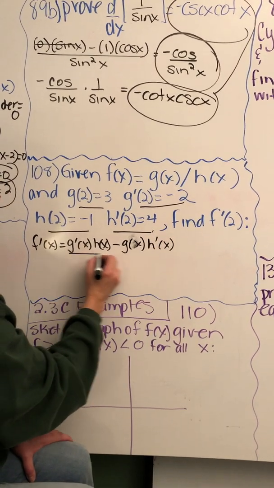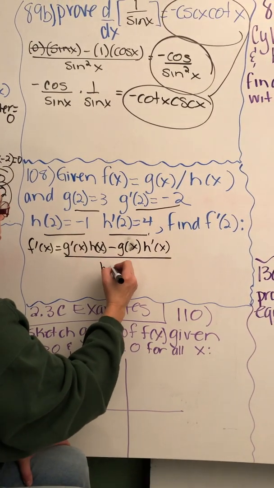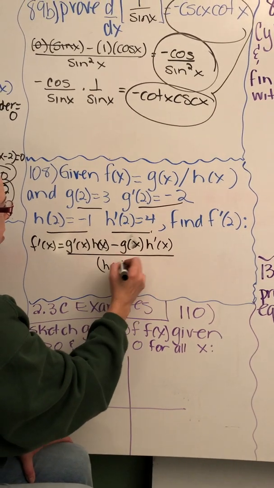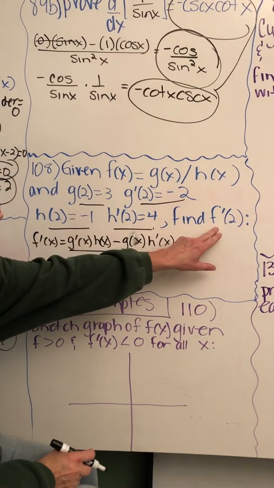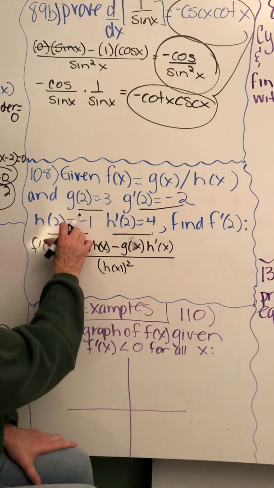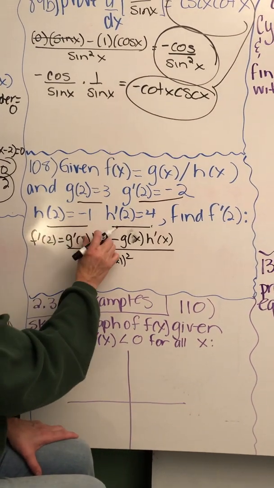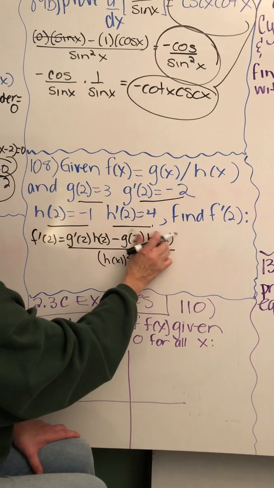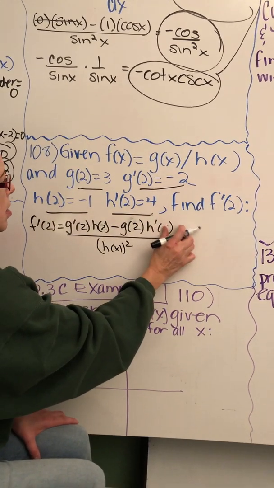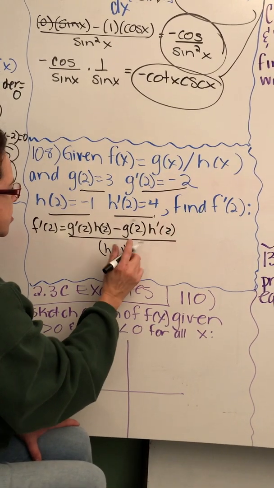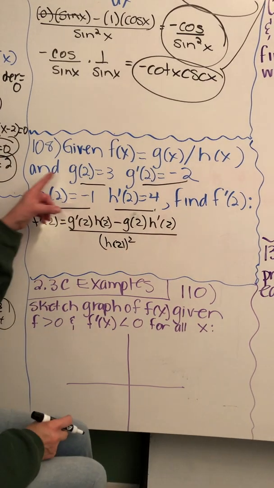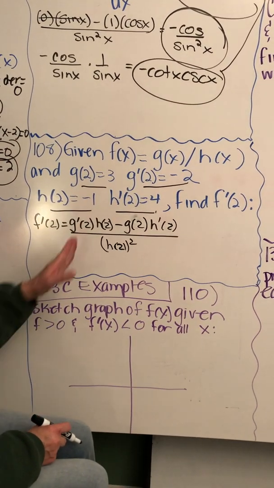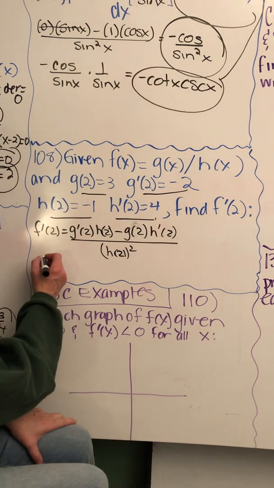Here we go, all over h squared. There we go. They're asking us to evaluate this derivative at 2. These are all 2's. And it just so happens that above they gave you all the information you need. Let's fill in all these pieces of information.